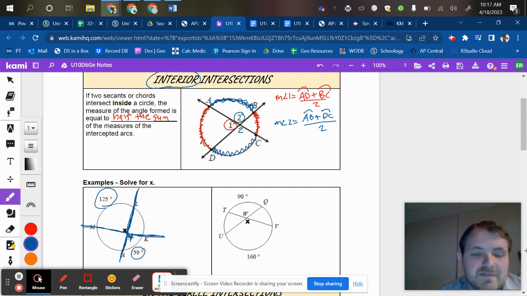And so I've also got 59 right there. So the measure of angle X is equal to that sum, 125 plus 59, all divided by 2. Adding those up and dividing by 2, I get 92 degrees.